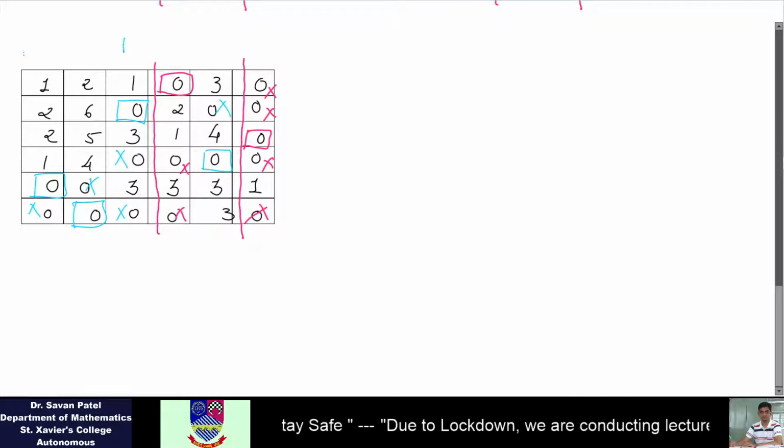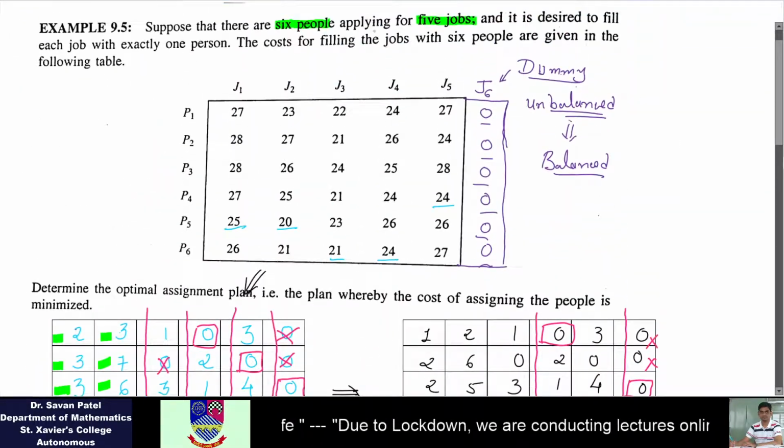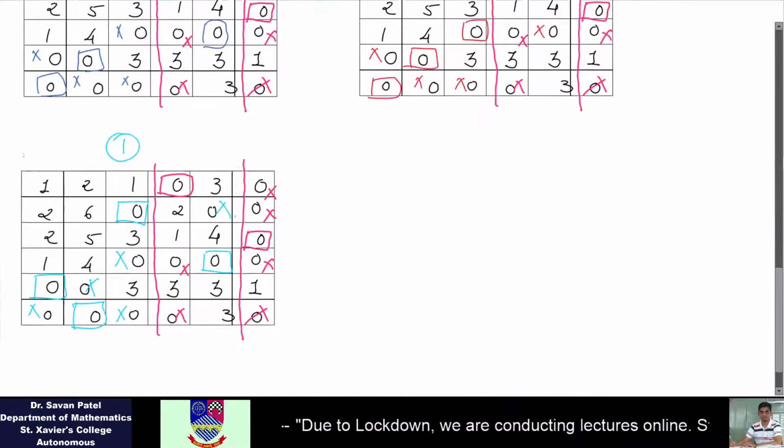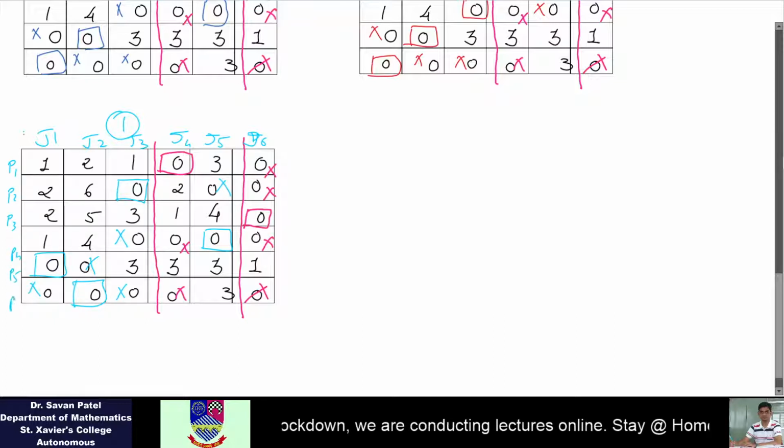So this was our first situation that says which job is assigned to which employee, and which employee is not going to work. So J1, J2, J3, J4, J5, J6 and person 1, person 2, person 3, 4, person 5, person 6.